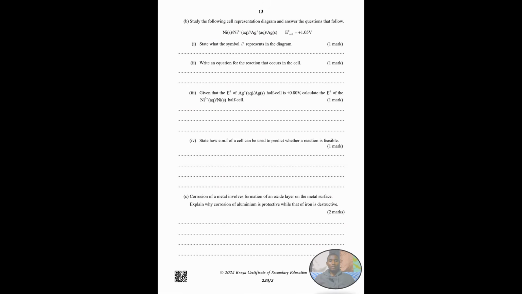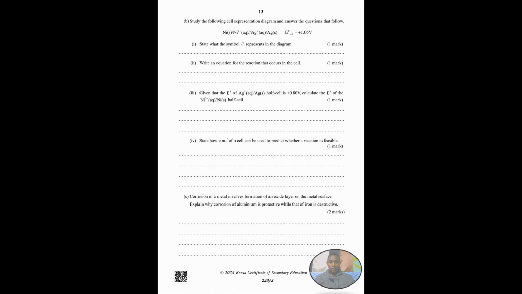So part B of question 6. Study the following cell representation diagram and answer the questions that follow. We have a cell notation here, whereby we have a nickel half cell combined with a silver half cell, and the overall EMF or electrode potential is positive 1.05 volts.